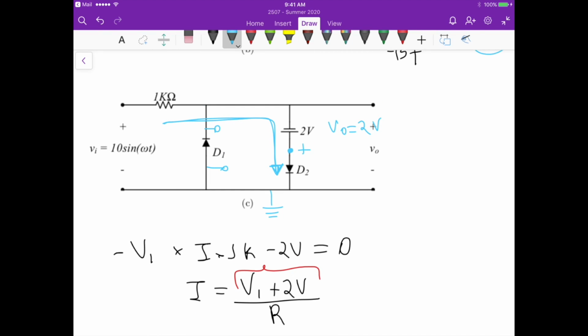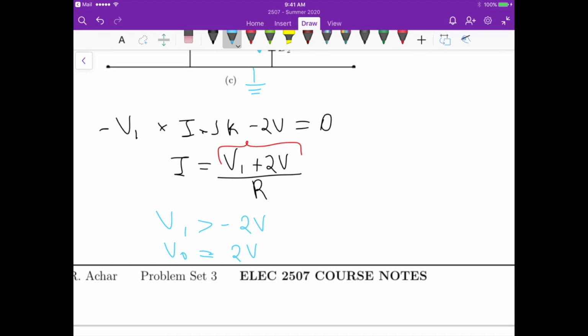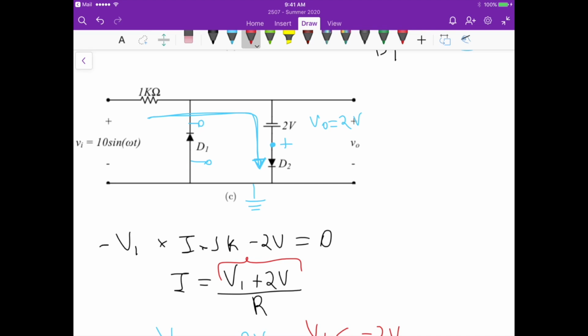Now, for conditions where diode 1 is conducting, it will conduct when VI is less than minus 2 volts. Because we know that if VI is greater than minus 2 volts, then diode 2 is conducting, because we have a positive current flow in that direction, and current cannot flow through diode 1 because it blocks in that direction.